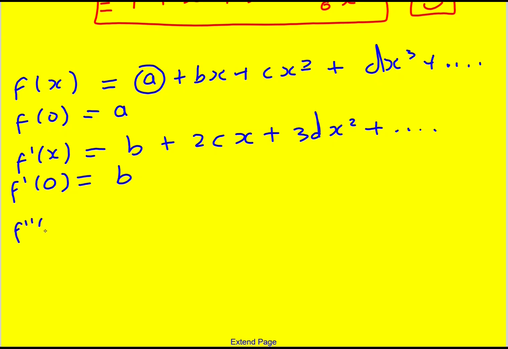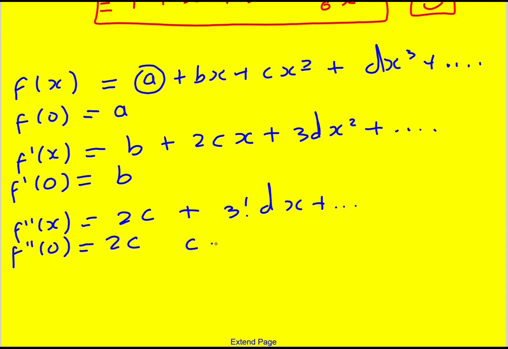And we just keep going. Next up, I'm going to get 2c plus, it's going to become 3 times 2. I could even write that as 3 factorial dx. So f double dash 0 is going to equal 2c, which means c is going to be this divided by 2. And then we'll do one more.